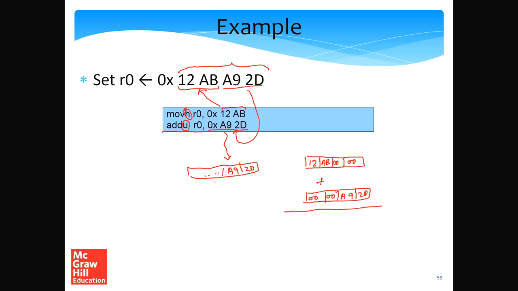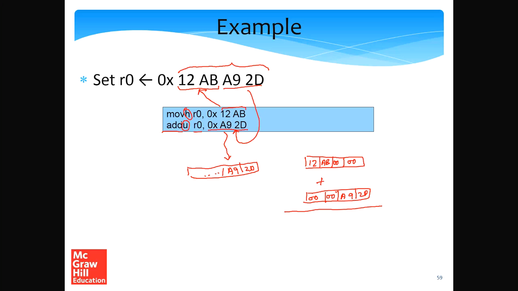So essentially the modifiers can be used with any arithmetic logical instructions and the move instruction, right? So let me say this again. The U and H modifiers can be used with any instruction that uses immediates, namely the arithmetic logical instructions and the move instruction.